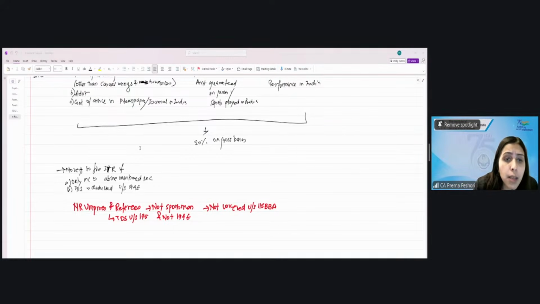Therefore, the TDS for them will be under 195 and not under 194E because these are not the sportsmen but the professionals or technical person. So TDS will be under 195, not under 194E. Are we clear?